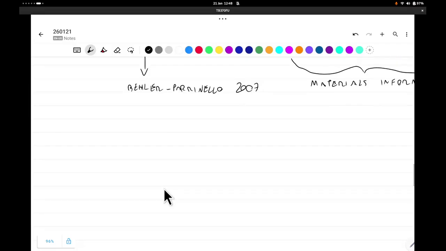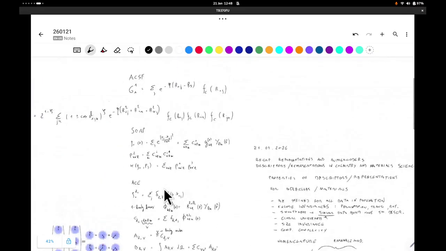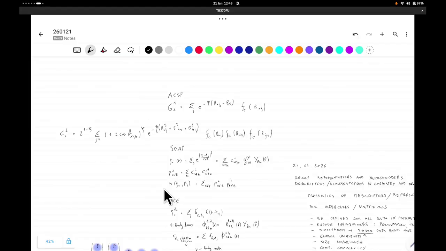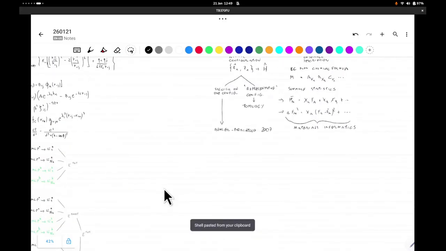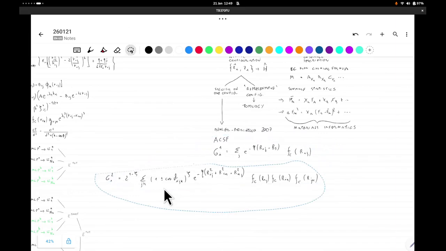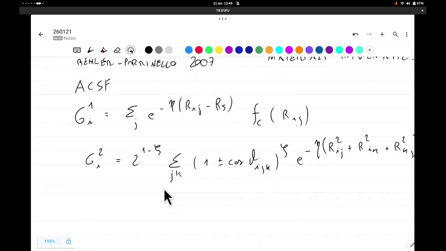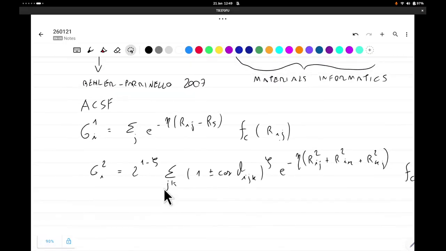Okay, I think I have to speed up here. So the proposal from Behler and Parrinello in 2007 was to represent atomic environments.